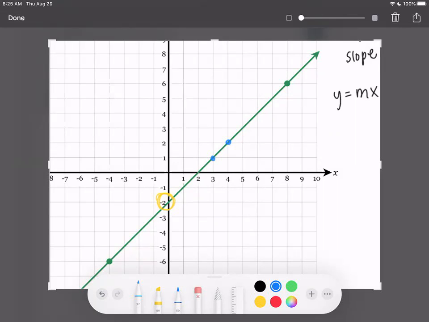So if I were to connect this with a triangle, I could go like that. And then if I'm reading it from left to right, so I start over here, I go up 1, and then I go continuing right 1.